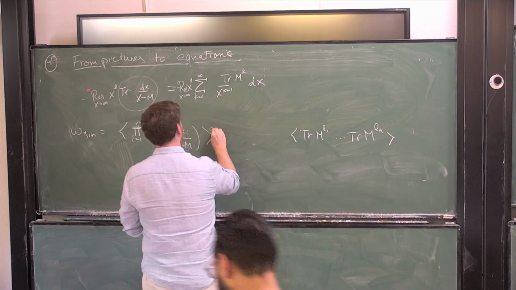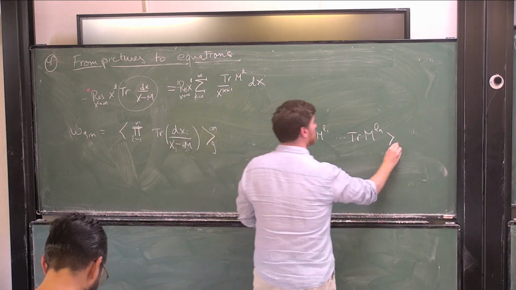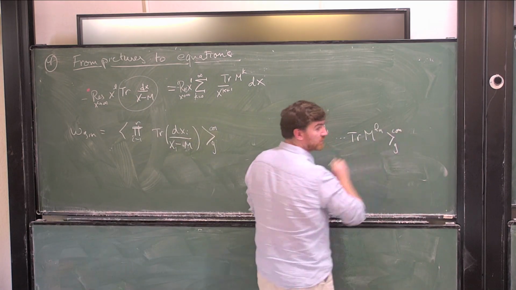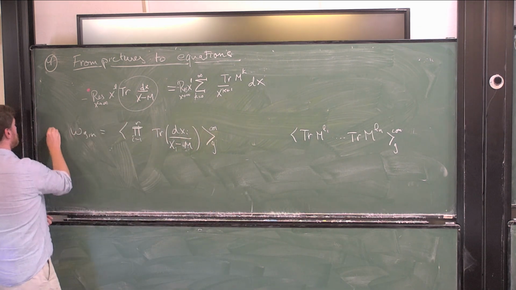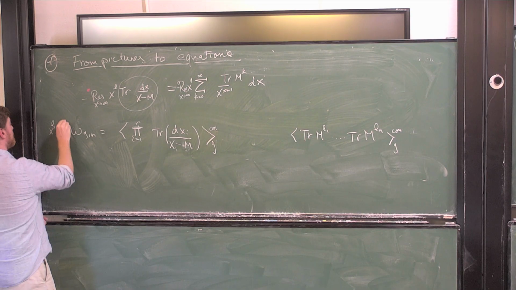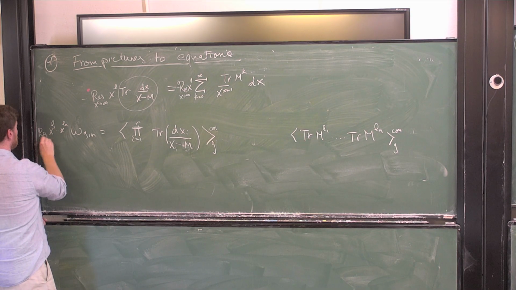These are genus g connected correlators. So again, by taking x to the L1, x to the Ln, I take residues as all of these go to infinity.